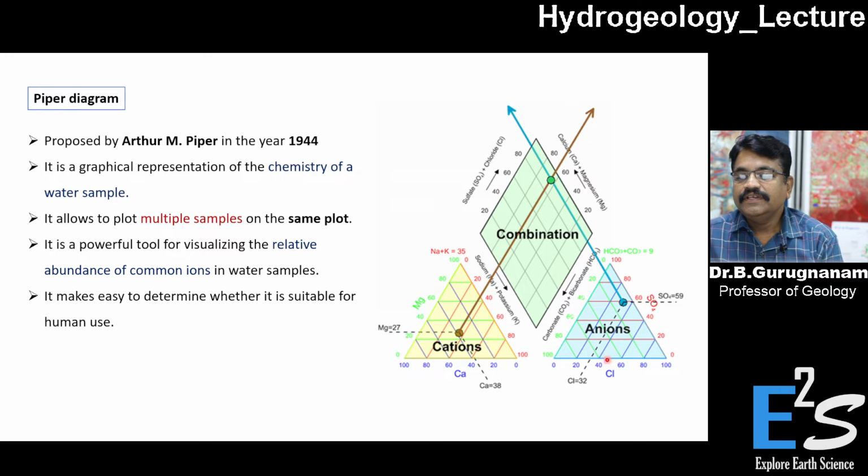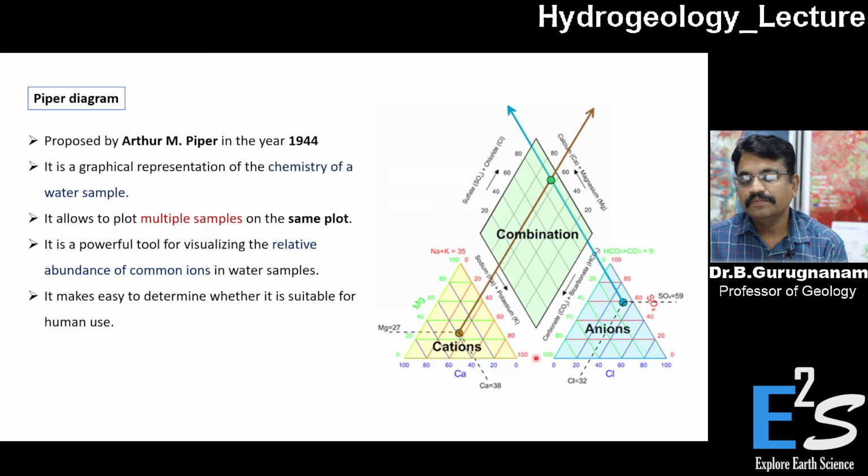And here, this is the plot for representing anions. Chloride is taken over here, with 0 concentration of Cl here and 100% concentration here. And this side is carbonate plus bicarbonate: 0 percent of CO3 plus HCO3 here, and the concentration increases to 100% at the bottom.